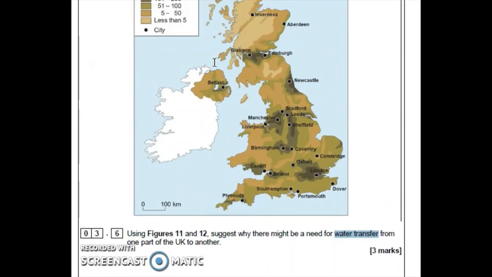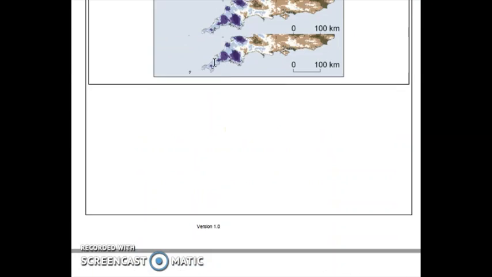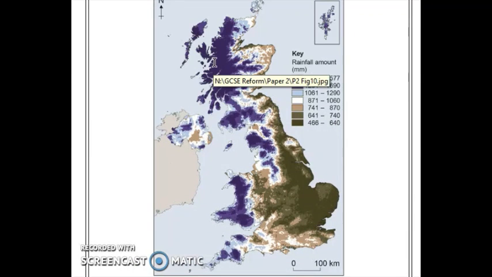3.6, using figures 11 and 12 suggests while there might be a need for water transfer from one part of the UK to another. As the name suggests, water transfer is just moving water from one place to another. So we've got to use the figures as the question suggests. So if I scroll up, we've got 2 choropleth maps. These are basically maps where information has been mapped on by using a scale of different colours.